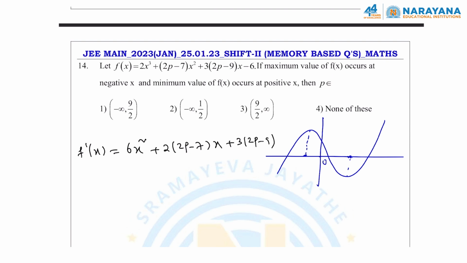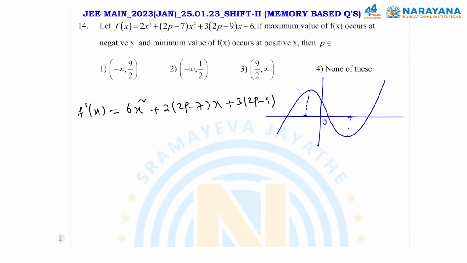So for this quadratic, for any quadratic ax square plus bx plus c equal to 0, if the roots are of opposite sign, then the product of the roots, which is nothing but c by a, should be less than 0.